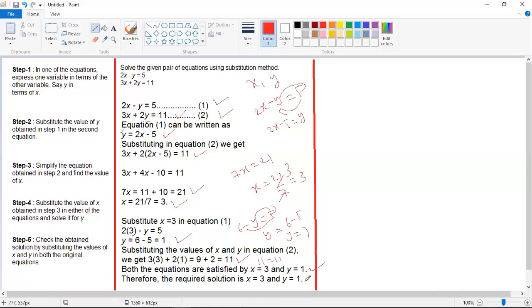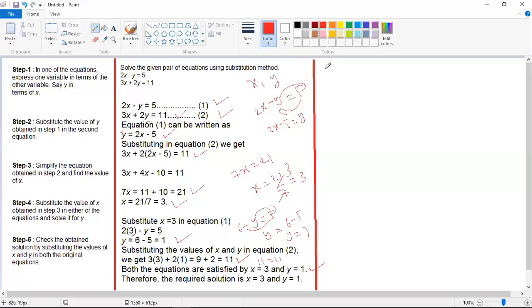Like in step 1, it says in one of the equations express one variable in terms of the other variable. Here, as per the textbook, they expressed y in terms of x. Now we'll do the quite opposite. Let's check.